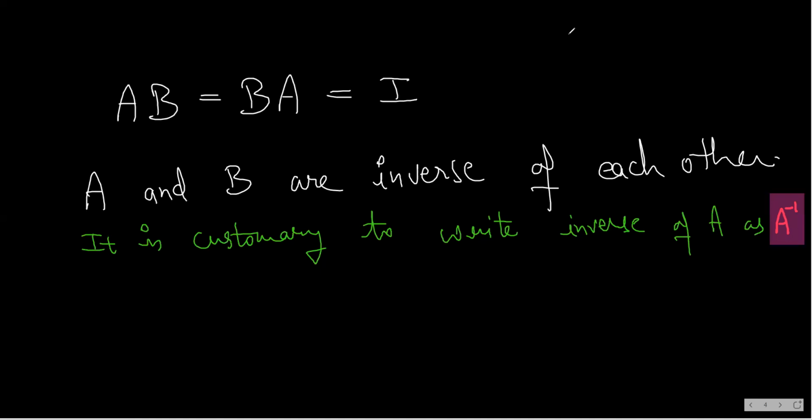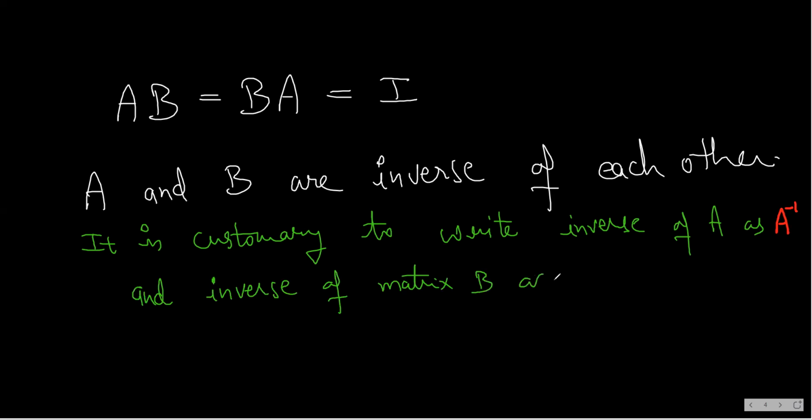This is the symbol for the inverse of A. And how do we read it? We read it as A inverse. It is customary to write the inverse of A as this. Similarly, the inverse of matrix B as B inverse.